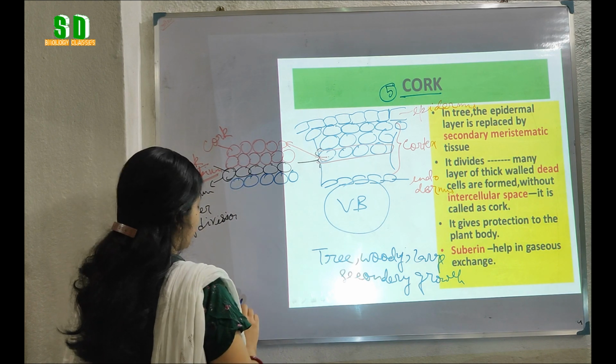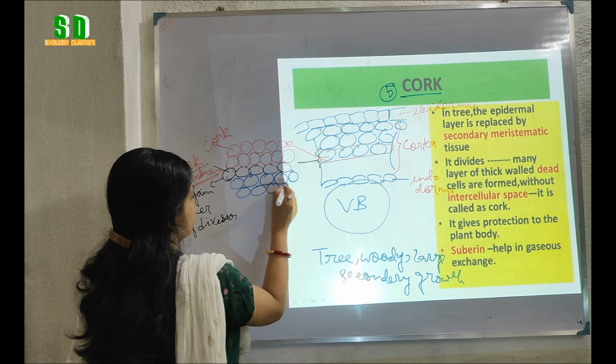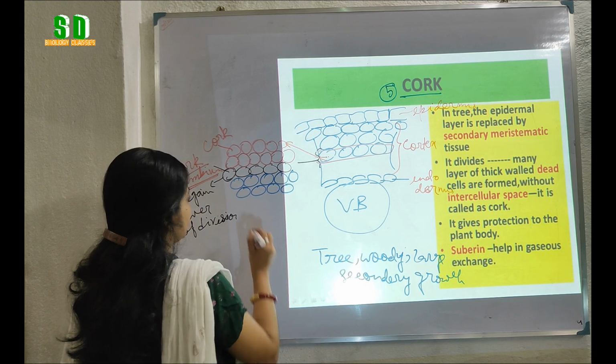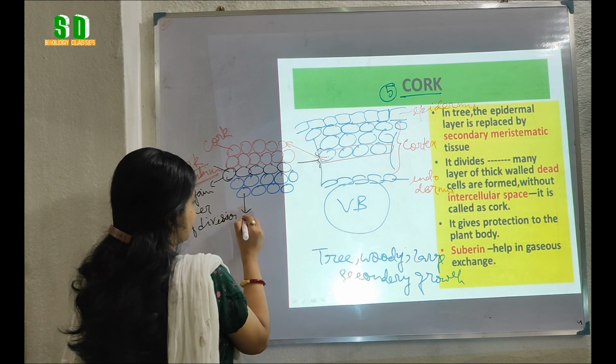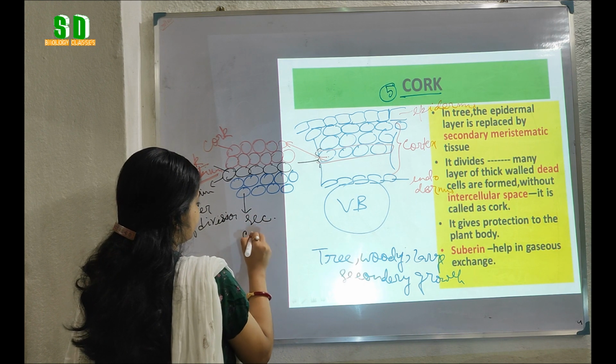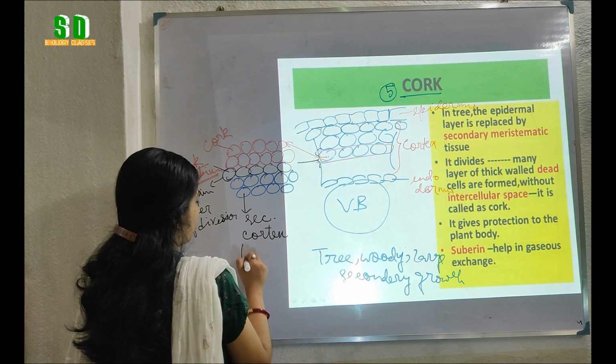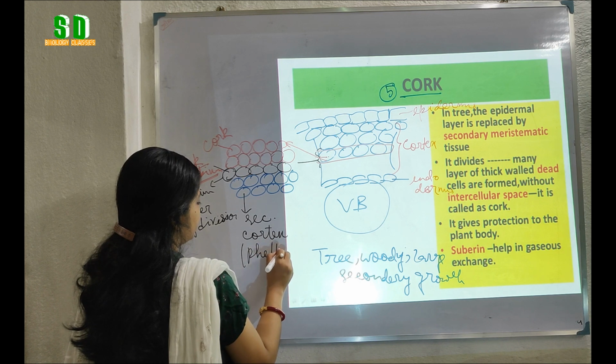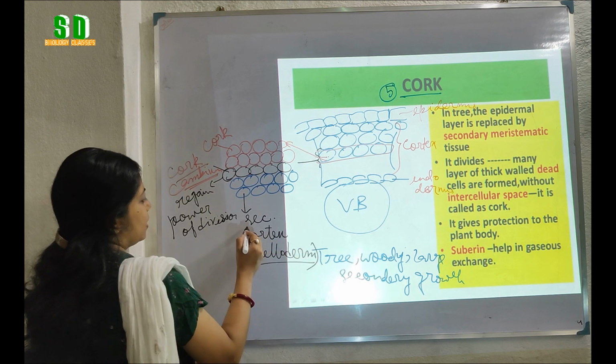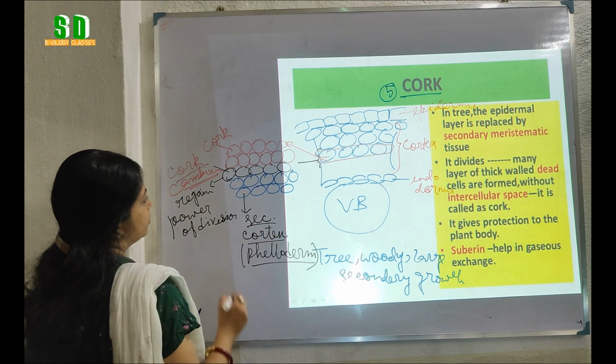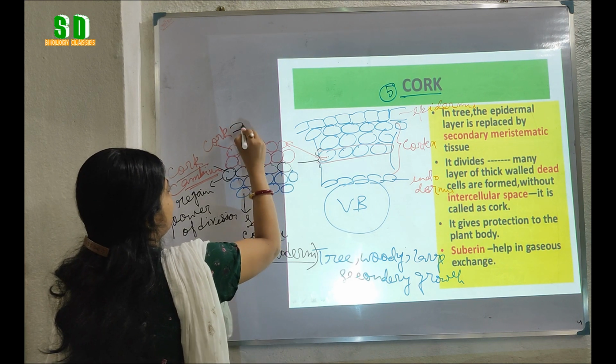And the cells which are formed on the inner surface, in the inward direction, are called the secondary cortex or phelloderm. Secondary cortex or phelloderm. So the epidermal layer is there.